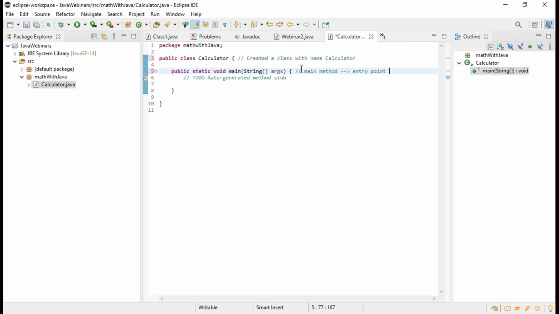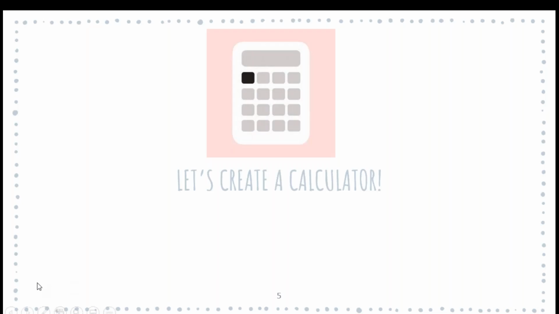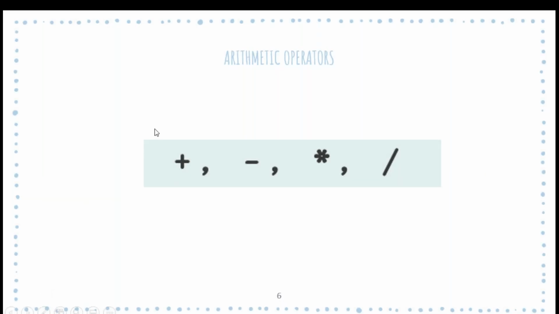Now I'm going to go back over here and show everyone this. As I mentioned briefly before, we are going to be working with arithmetic operators, so doing things like addition, subtraction, multiplication, division. In order to perform those, we need to know the arithmetic operators within Java.